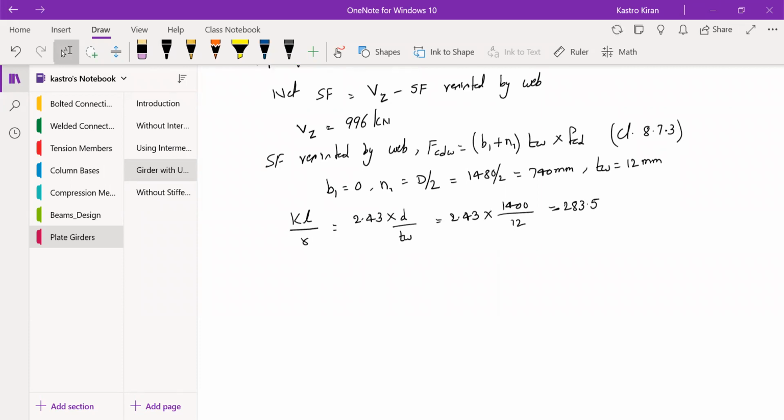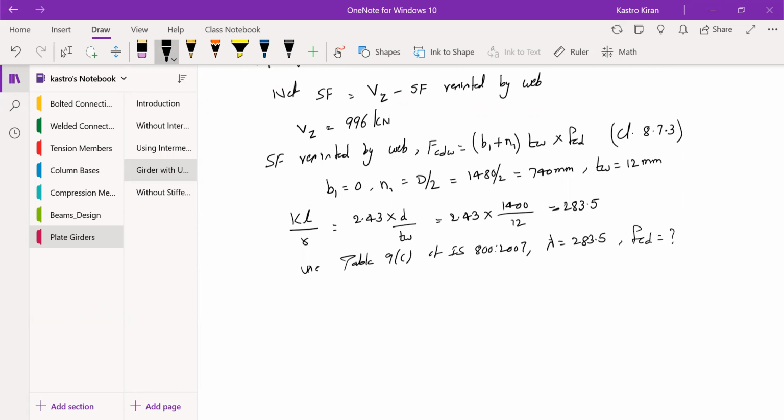You know, when you use table 9C of IS 800/2007, when lambda equals 283.5, you have to find out the value of FCD.